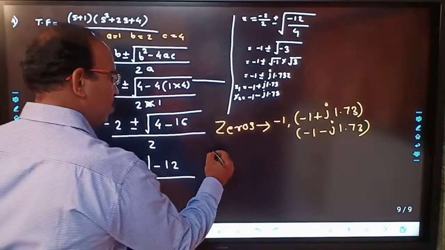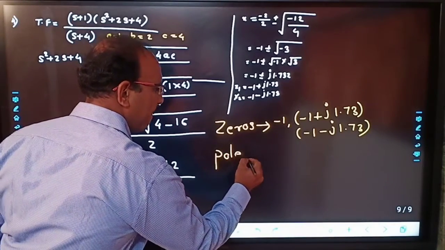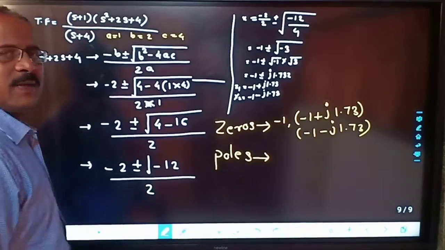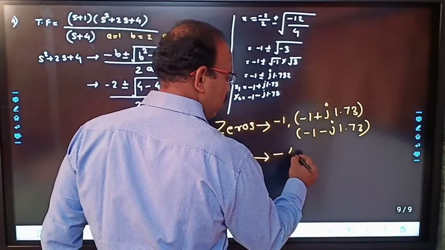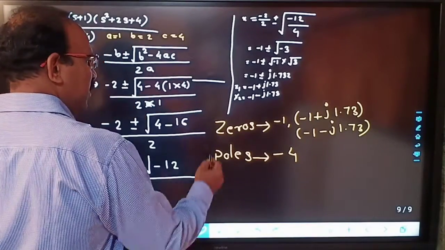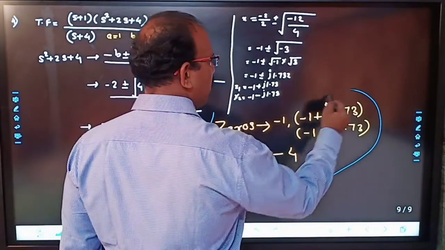We got x1 equal to this and x2 equals to this. Okay. Then what are the poles? Poles will be only one. So that is pole equal to minus 4. Now I consider this for my next page.